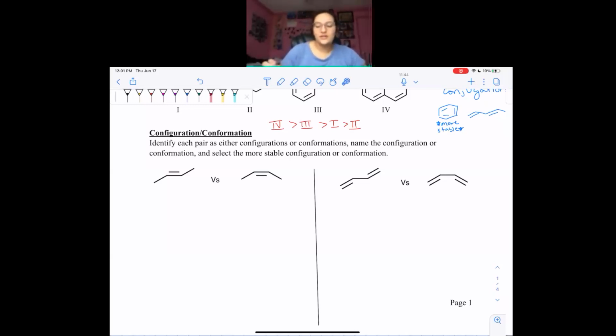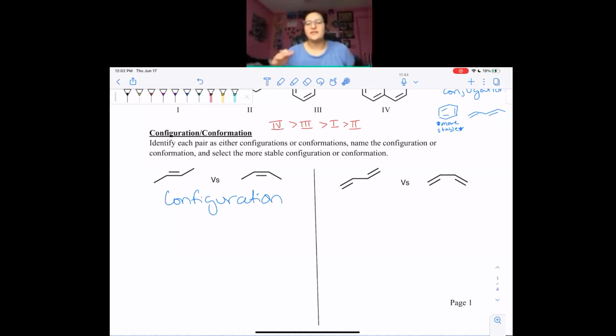But we're actually going to call this one configuration. And I'm going to do configuration in blue. The reason I think of this as configuration is because configuration is kind of more stable. You can't really change back and forth too much.